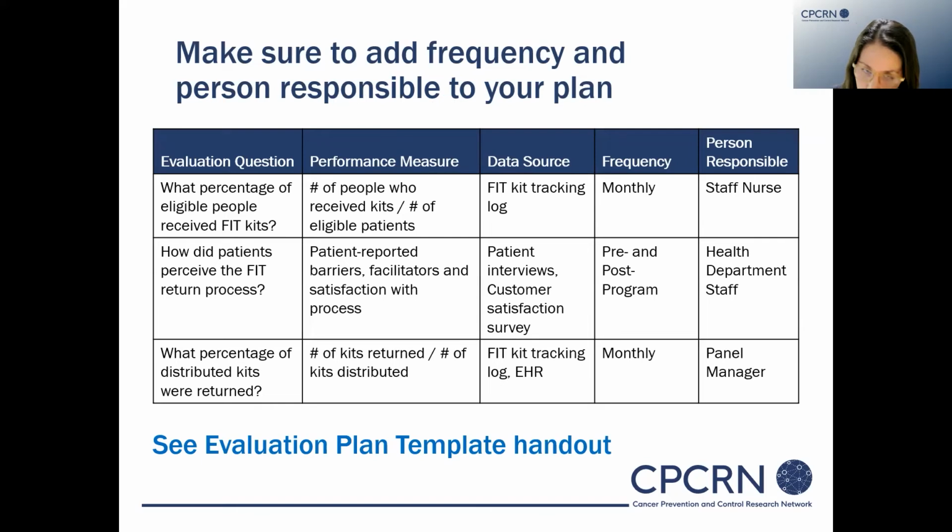A lot of these concepts go into evaluation too. But one thing I want to mention, when you're writing your own plan, you can be a lot more specific and actually include people's names in your table rather than just their roles. And we have an evaluation plan template that we sent out to you with the rest of the resources today that you can use to make your own table like this.